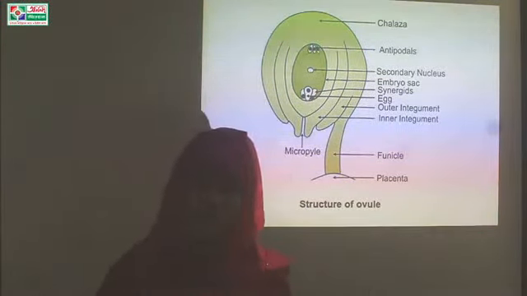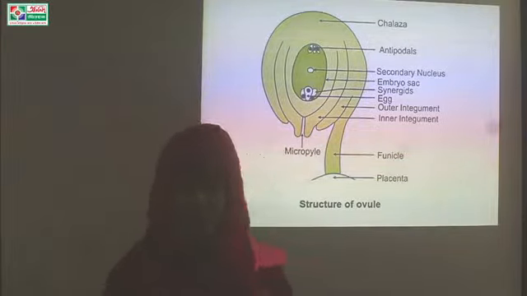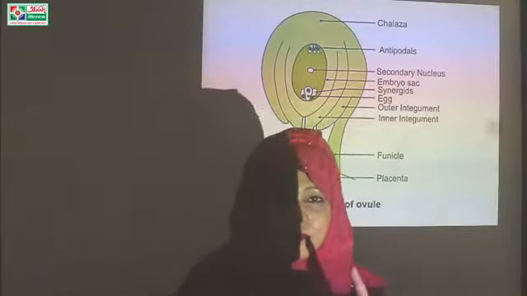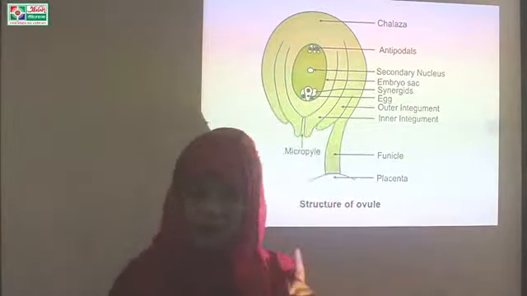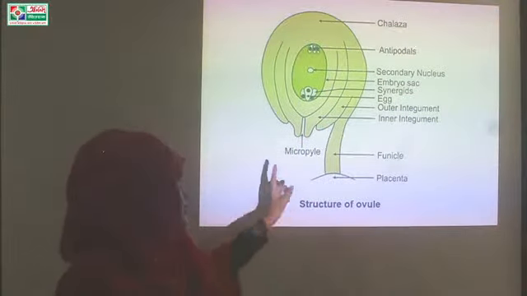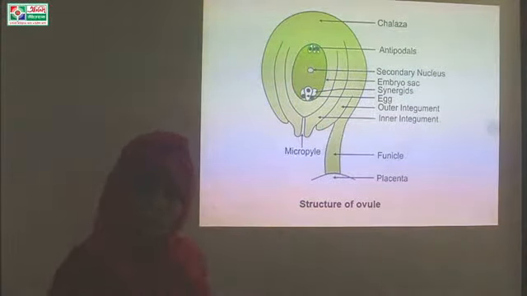This type of ovule is known as the anatropous ovule, and you will find this type of ovule in angiosperms, right? This is an anatropous ovule.